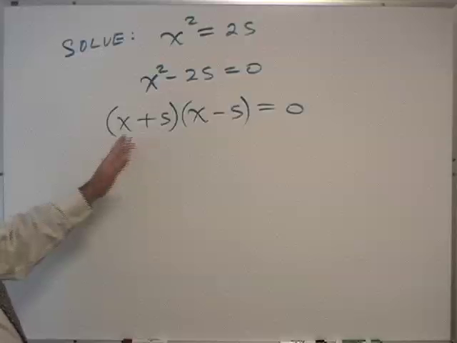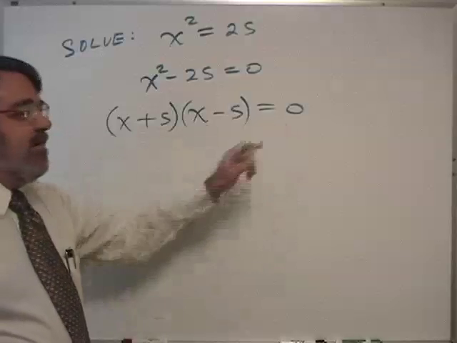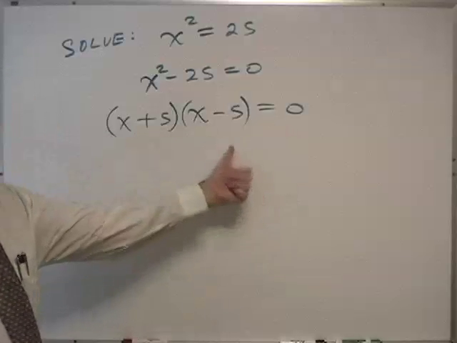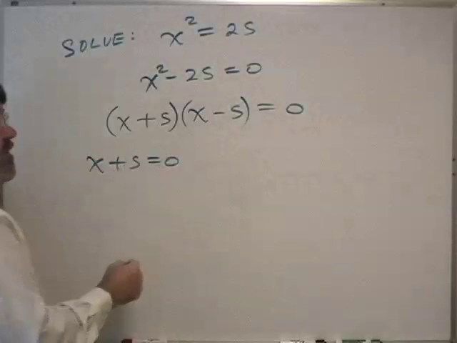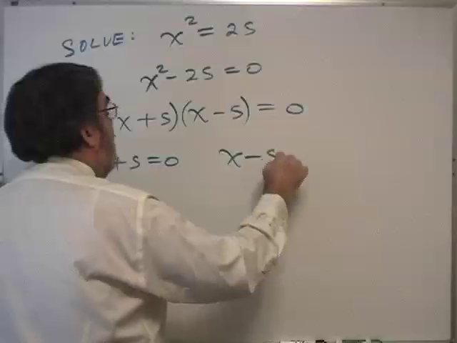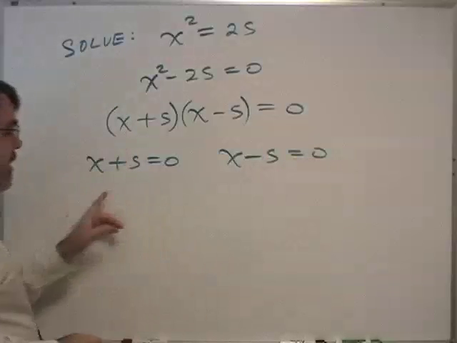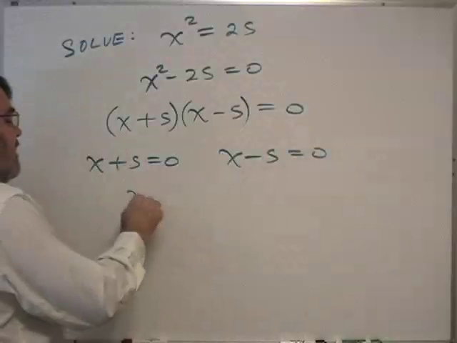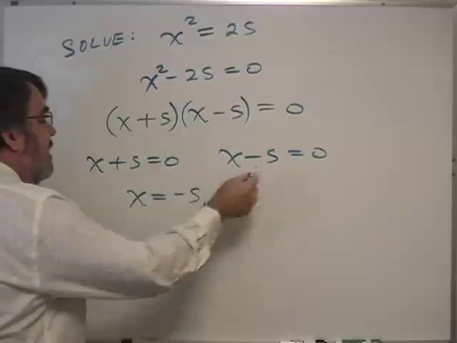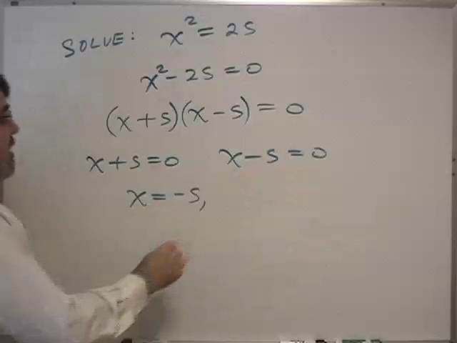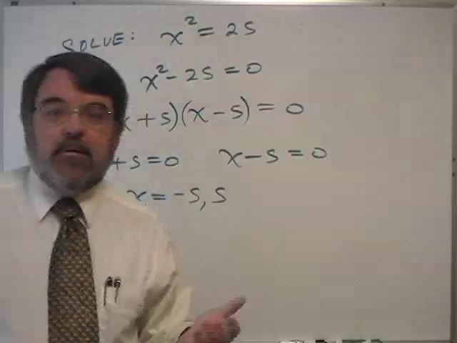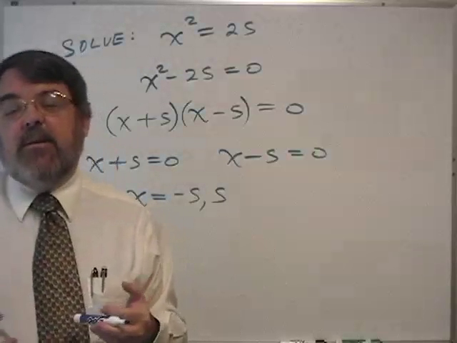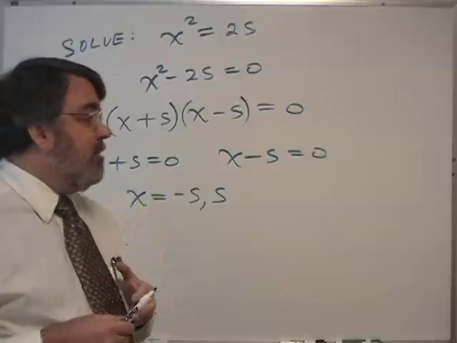And this product of numbers equals 0, so we can set each factor equal to 0 and solve. X plus 5 equals 0, x minus 5 equals 0. So here when I subtract 5 from both sides, I get negative 5. Here I add 5 to both sides and I get positive 5. So there's how we could display a technique for finding both answers.